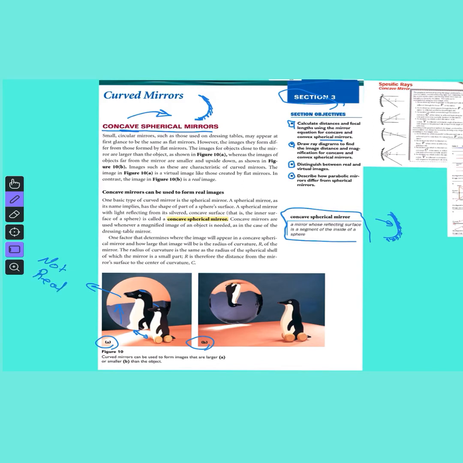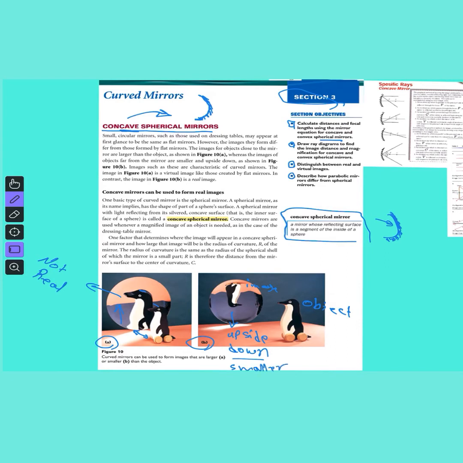But in the second case, part B, as you see, that's the object, that's the image. Look at the image. What do you see in the image? The image is upside down, right? Isn't it smaller?